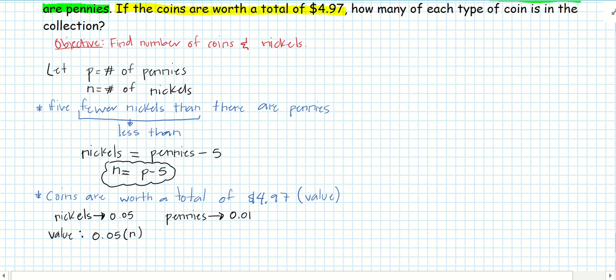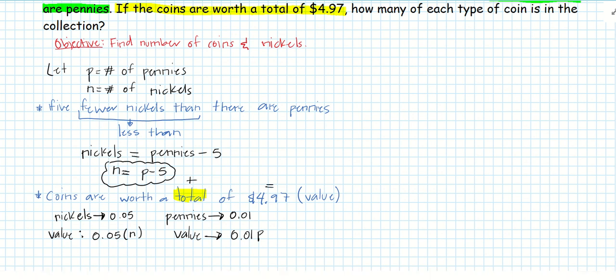So we have to multiply whatever number of nickels we have times 0.05 to know the price value. Same thing for pennies. The value for the pennies will be 0.01 times P. Okay. And now, because we are talking about a total, that means we're going to have to do some sort of addition that is going to give us an equal of 4.97.